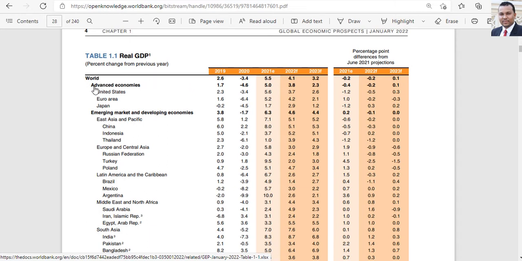What about advanced economies like USA and Euro and Japan? The same trend, negative in 2020, but different values. Recovered in 2021, okay, and 2022 forecasting declined to 3.8. What about emerging markets?